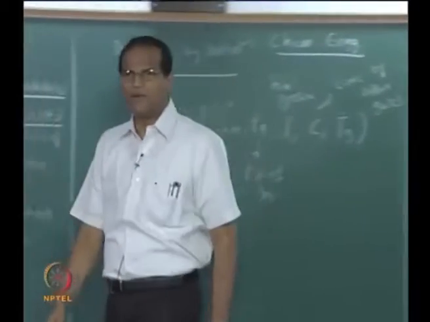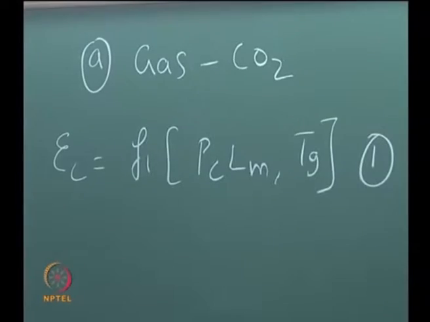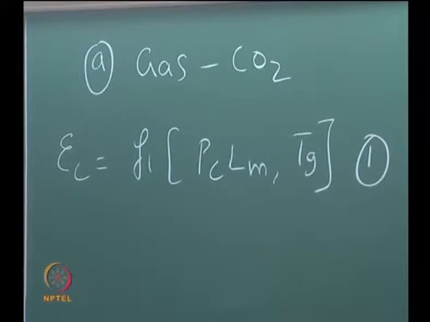So the emissivity of the carbon dioxide is a function of the product of the partial pressure of carbon dioxide multiplied by the mean beam length, and the gas temperature. Okay. So it is like this. The product of mean beam length into pressure is given in both FPS units and SI units on this chart.